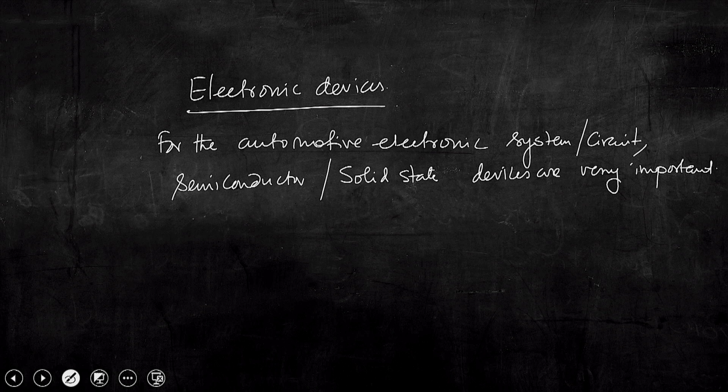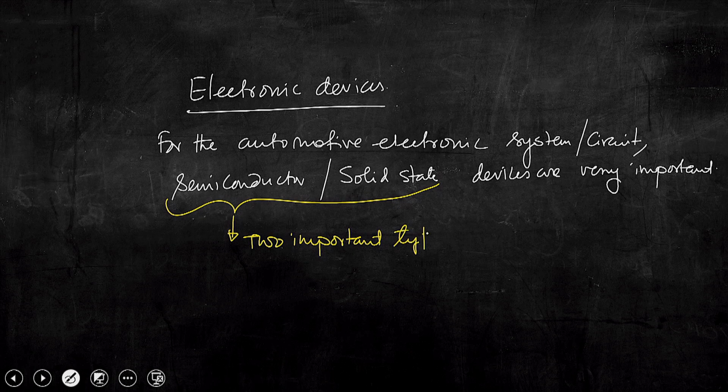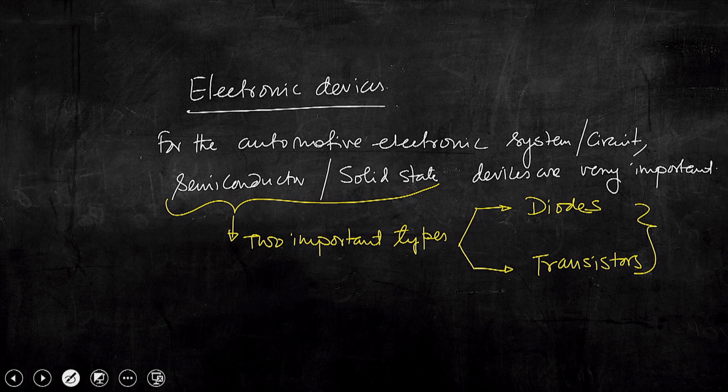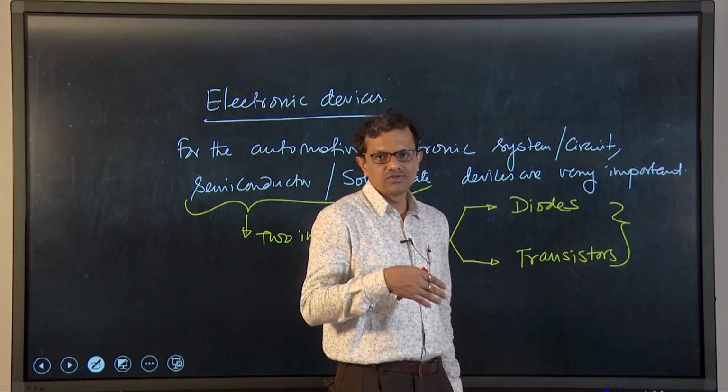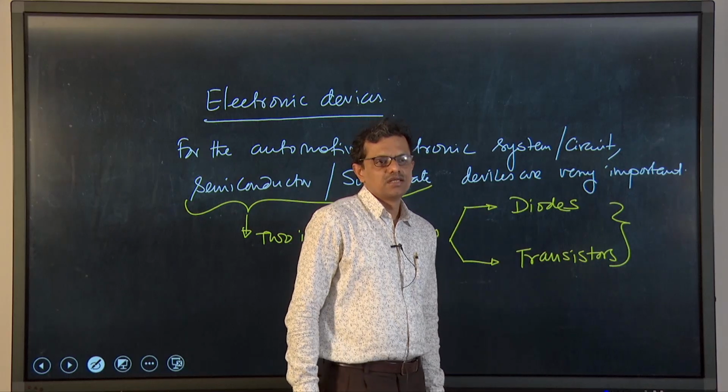And we shall be discussing two important types of semiconductor devices. One is diode, another one is transistor. So, you know, diodes I should write, and transistors.